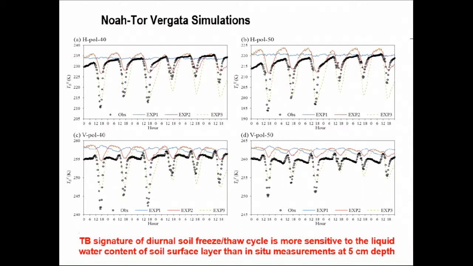You can have maybe something like 20, 30 Kelvin differences, and this is a very big difference in terms of brightness temperature. So only when you decrease the surface layer to 2 centimeters will you come close to matching. But still, you notice there are differences in different instances.